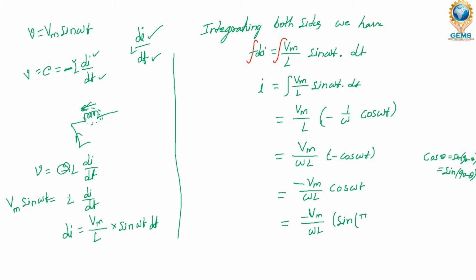You can write pi by 2 equals 90. If you multiply with minus here, we will get Vm by omega L into sin of minus into plus, we will get minus pi by 2, minus into minus, we will get plus. I am writing here. Okay, this is the value. Now here you can see Im equals, now this is the I formula.